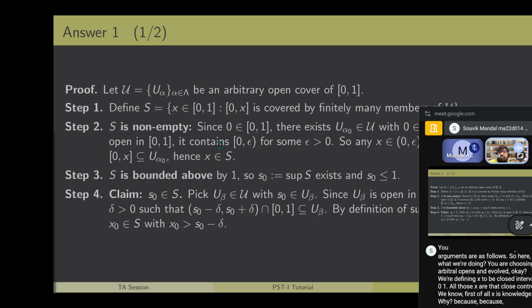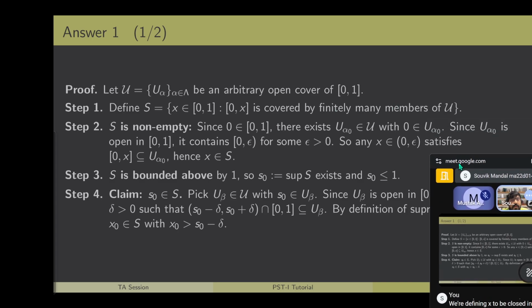Because 0 belongs to 0, 1. So there is U alpha 0 such that 0 belongs to U alpha 0. Now U alpha 0 is open, so it contains 0 to epsilon. So any x that belongs to 0 to epsilon is covered by U alpha 0. That tells us X is non-empty. Now X is bounded above by 1.